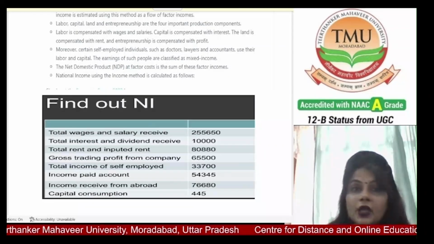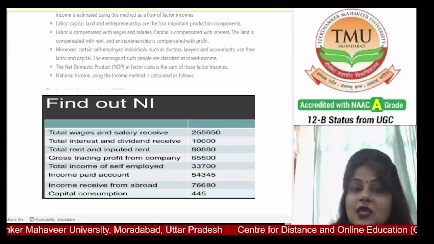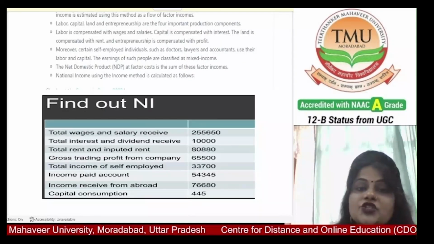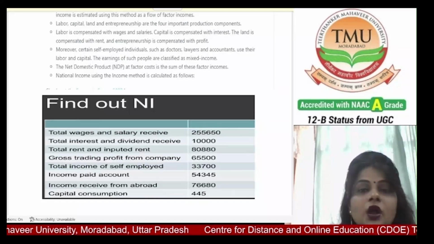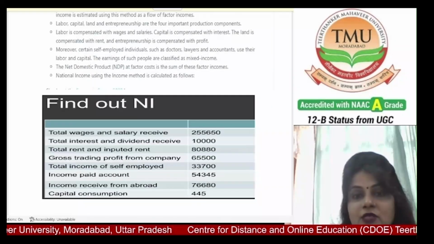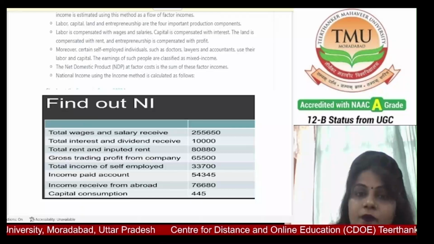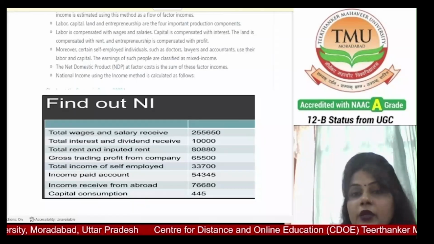Also, income from the sale of securities will not be included. Income from the sale of bonds, shares, and debentures will not be counted as these transactions do not contribute to the current flow of goods and services. These financial assets are just paper claims and involve the transfer of title only.